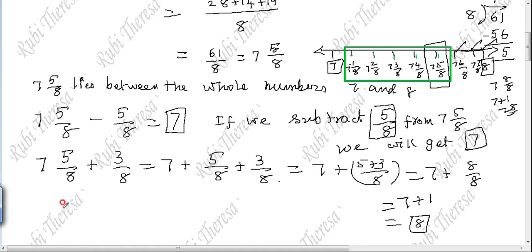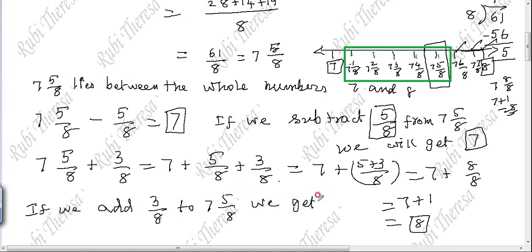So what you have to write: if we add 3 by 8 to 7 5 by 8, we get 8. Understand? Do you follow or not?